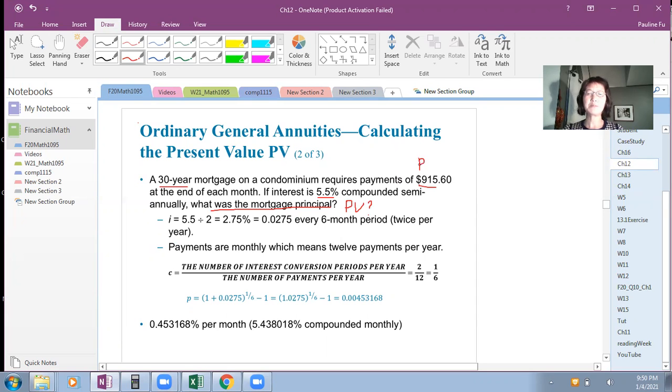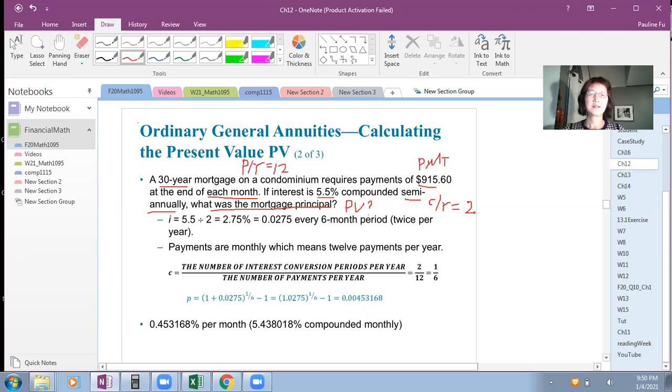Given payment $915.60, and 5.5 is interest. The payment is made every month. So in 1 year you make 12 payments, PY equal to 12. Interest is compounded semi-annually, CY equal to 2. In 1 year, interest is converted 2 times.